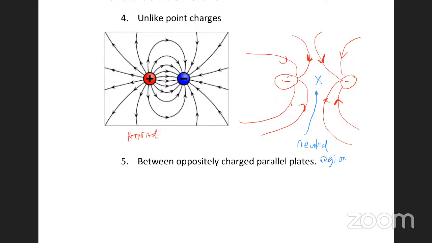All okay with that? Okay, and always remember the direction is important, right? They always go towards the negative pole and away from the positive, right?